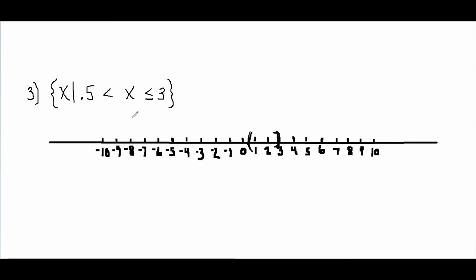And therefore my inequality is the interval in between these two symbols. Darkening it up here for us. And that is the inequality for 0.5 is less than x is less than or equal to 3.